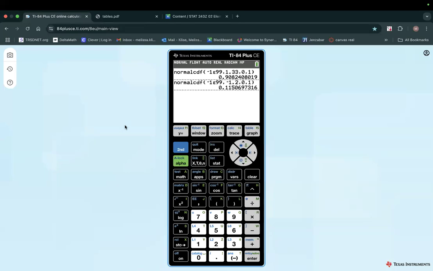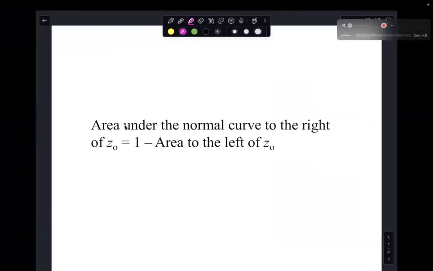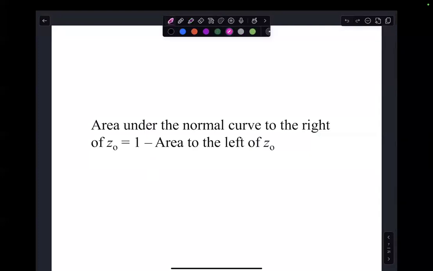So I'm going to pop over to my other screen. If we're doing to the right of a z-score, greater than or equal to, the probability that our random value is greater than or equal to a certain z-score, then I would do 1 minus the probability that it is less than or equal to that z-score.